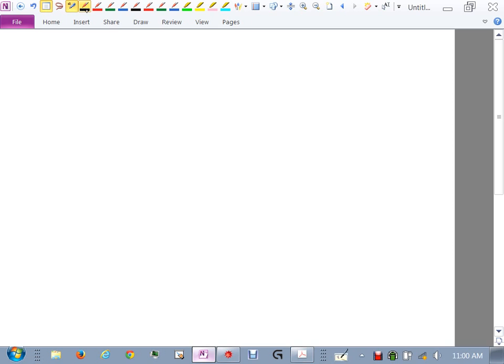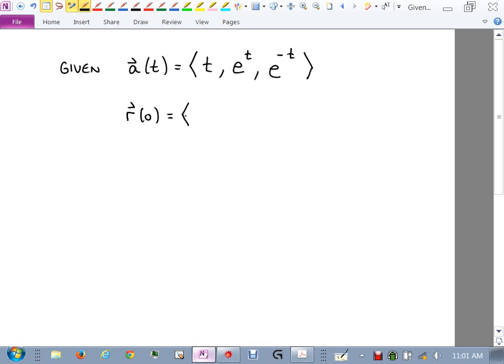So I'm going to write down here, I'm given that the acceleration vector function for this particular object is t, e to the t, e to the negative t. I'm also given that r of 0 is the vector 0, 1, 1, and v of 0 is the vector 0, 0, 1.